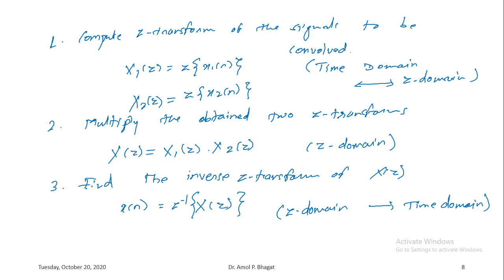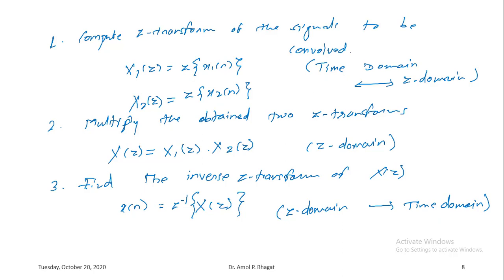As we have seen, the convolution formula involves four steps: first folding, second shifting, then multiplication, and finally addition, and it must be performed for each value of n. So it comprises more computational operations.